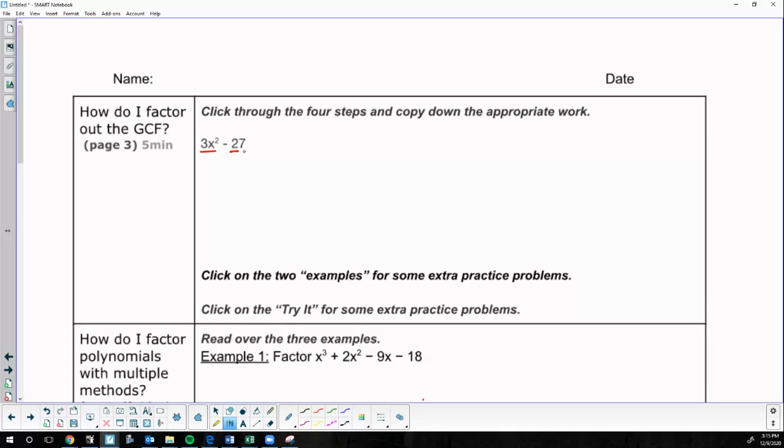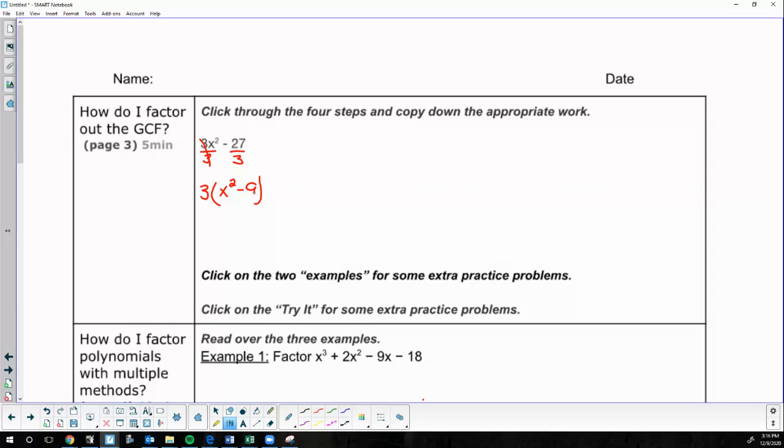So if you remember the GCF rules, you take the biggest number or letter that you can divide out. That number ends up on the outside, and then we cancel stuff out. So these 3 divides out. I'm left with the x squared, and then I have a negative 27 divided by 3, which is negative 9. So now, with an extra step, this right here, I can test this now.